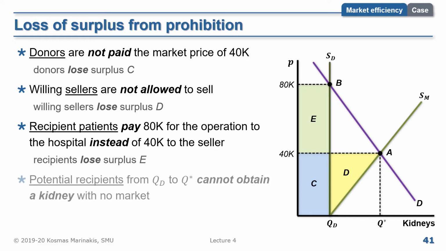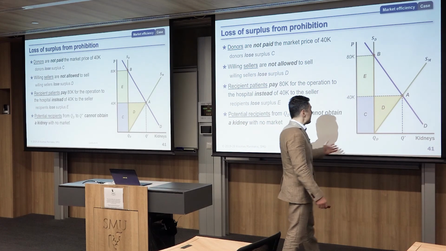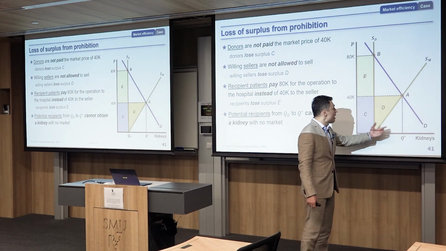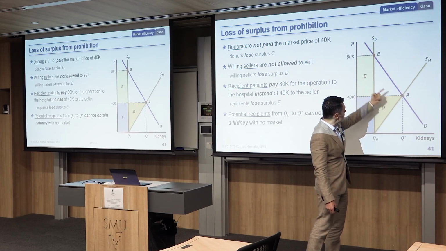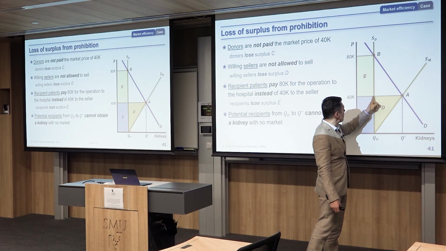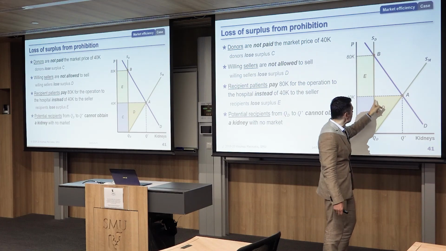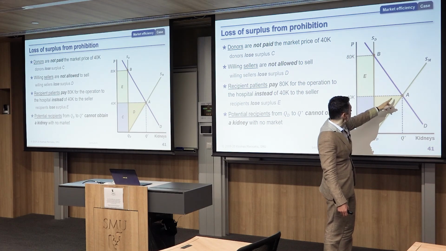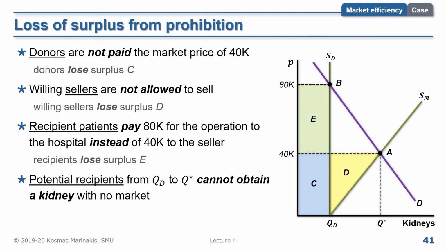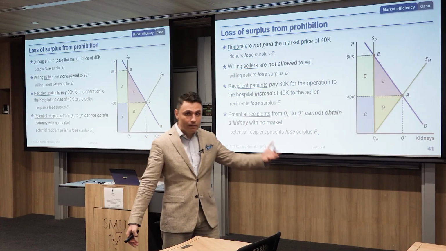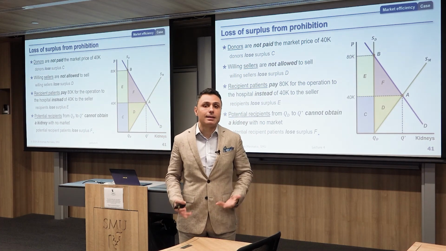And then you have the potential recipients, the really unlucky people, who would be able to find a kidney while now they do not, and they are willing to pay all this money, but they would pay only 40,000, so they would get a surplus between the demand and the price of 40,000 in the area F. This is another surplus that is never delivered in the market just because a market doesn't exist.